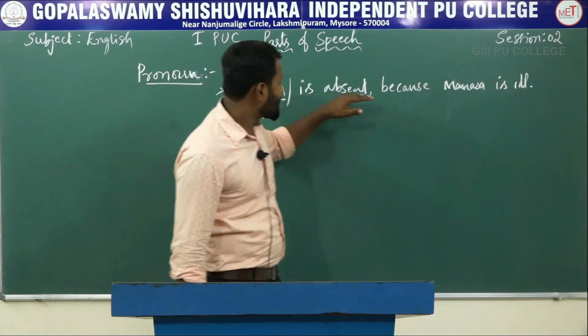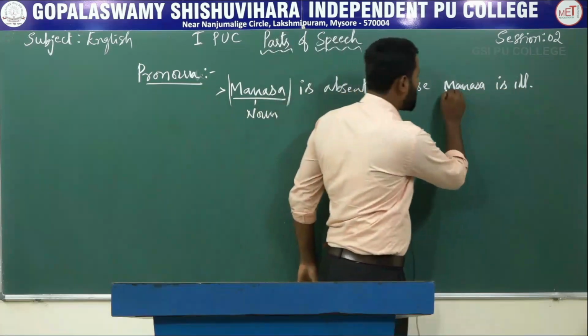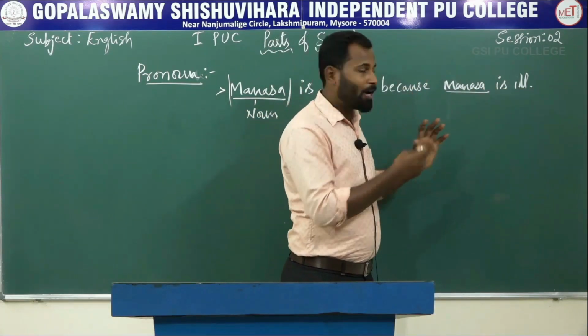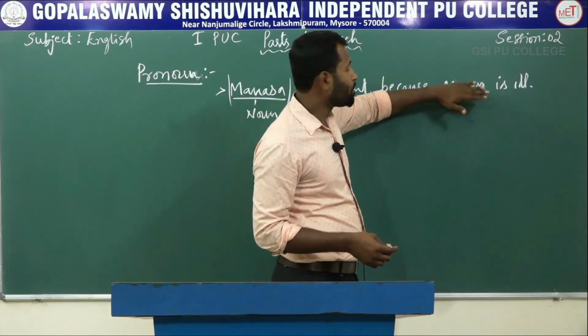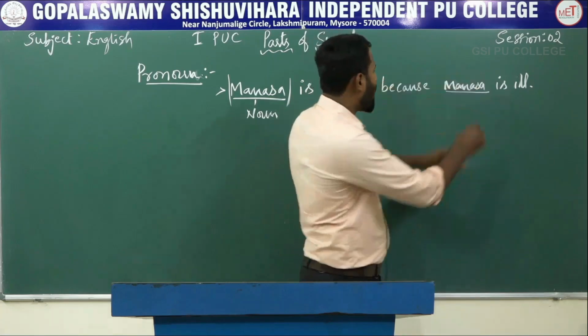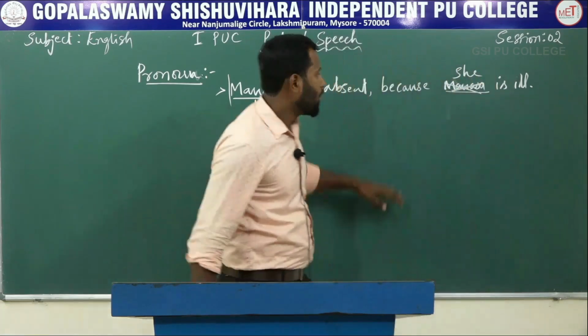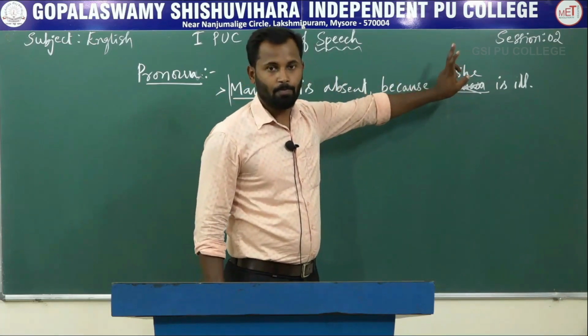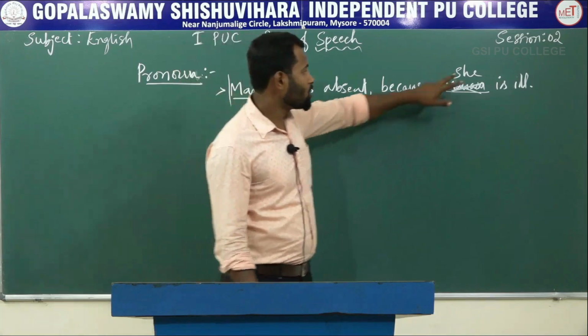So Manasa is absent because Manasa is ill. Since we have to avoid the repetition of the noun Manasa, instead of her name, we have to use she, because Manasa is a girl. So in order to avoid the repetition of the nouns in a sentence, we use pronoun.